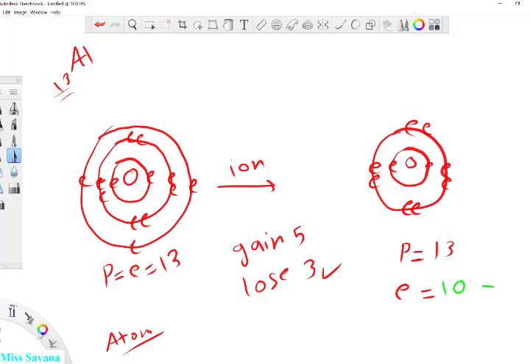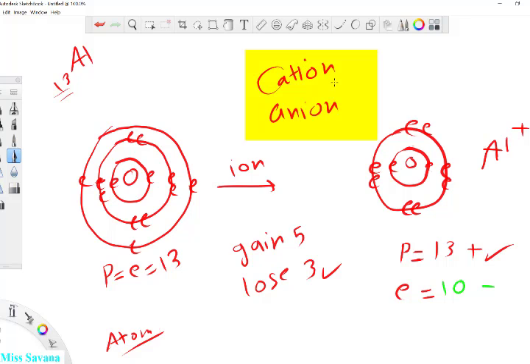So guess which sign is gonna show on the aluminium? Definitely, it's the positive sign. And guess which is it gonna be? Is it gonna be cation or is it gonna be anion? Definitely, it's a cation. Why? Because you can see it's the positive charge showing on it. Okay, this is the idea, guys.